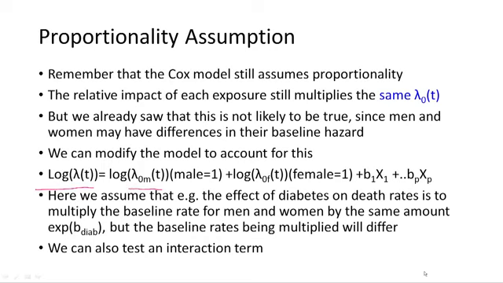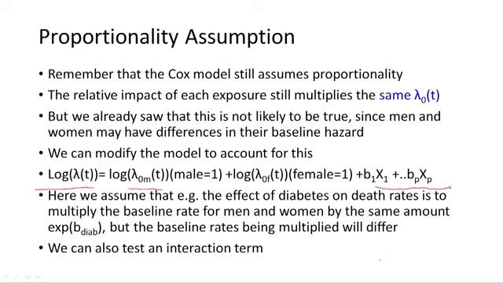So the log of the hazard is the log of the baseline hazard for men when male equals 1 and otherwise 0, and if I'm looking at a female in my cohort, that goes away, in which case it's the log of the hazard in women times female equals 1, and then I assume that the remaining variables have proportionate effects.